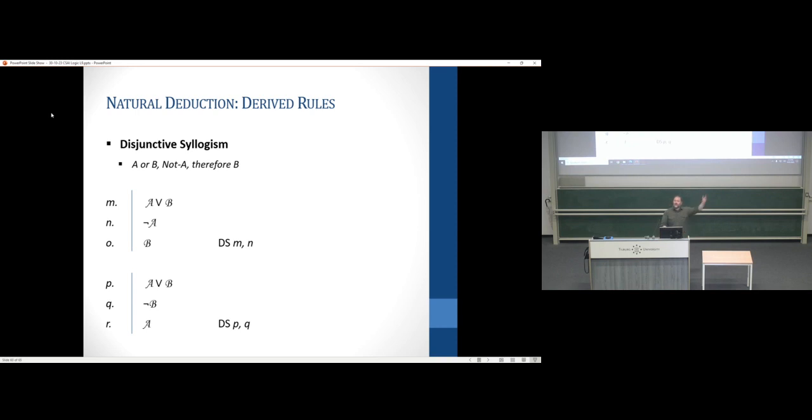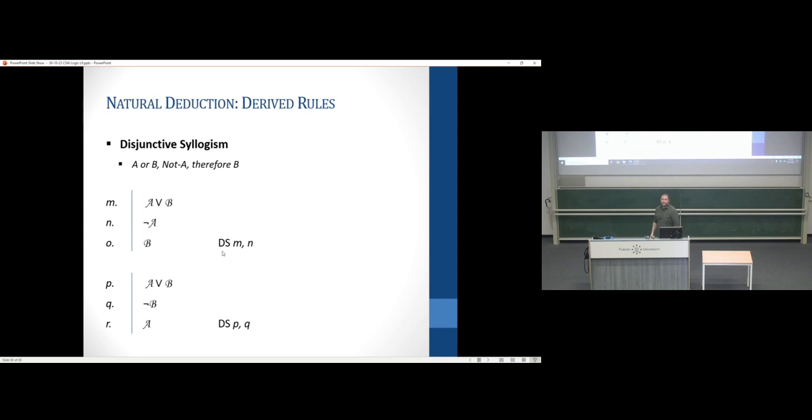So instead of going through that 8-line proof that we just did, you can do it in a line. Disjunctive syllogism says, hey, you have A or B, and you have the negation of one of the disjuncts, it doesn't matter which one, then you can derive the other remaining disjunct.